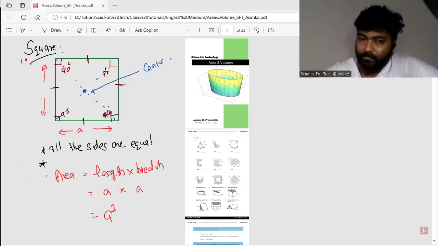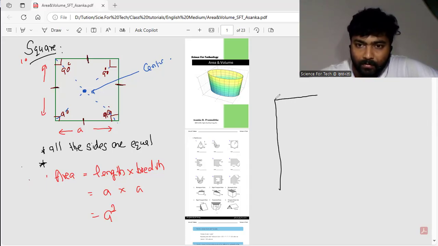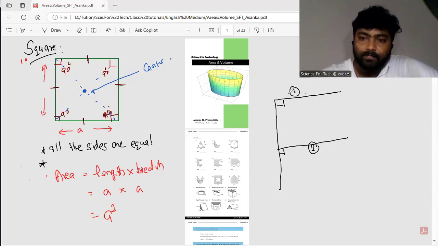Then there is something. Look at this one. This is 90 degrees and this is also 90 degrees. Then what can you tell about these two lines? This one and the second line. What can you tell about that? Okay, if you cannot understand, I will draw like this.